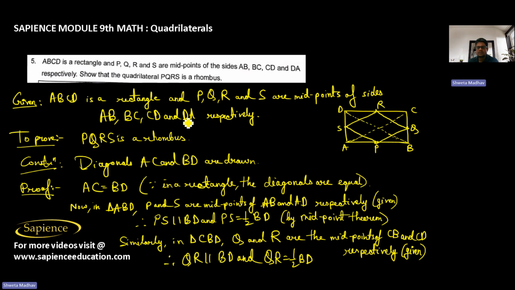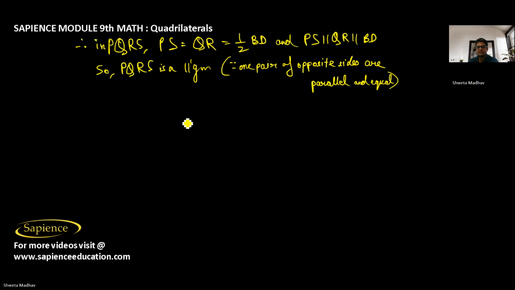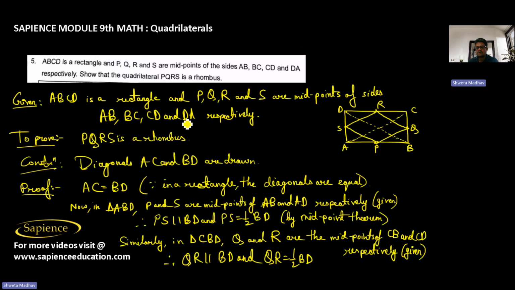So PQ is equal to RS and PS is equal to QR. It is a parallelogram.